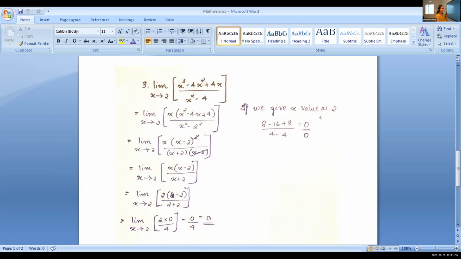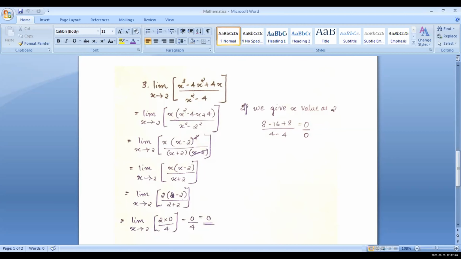Aryan is not here. Okay, then you, Sania, can you tell why we didn't substitute 2 instead of x like the previous questions?